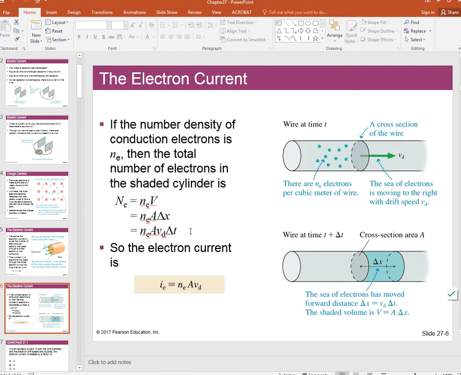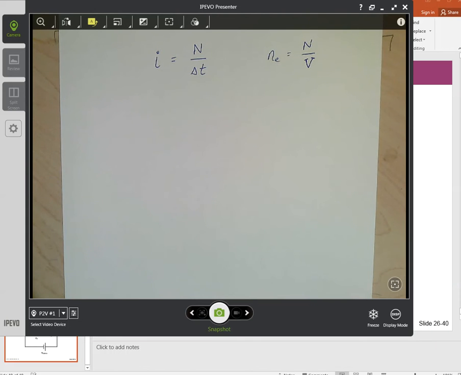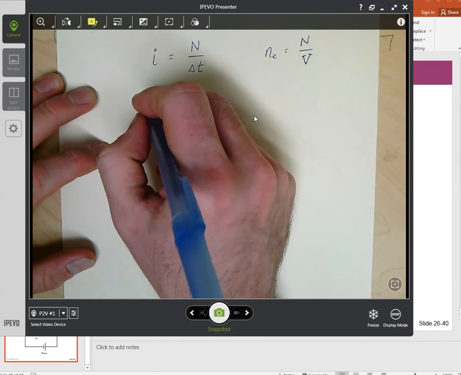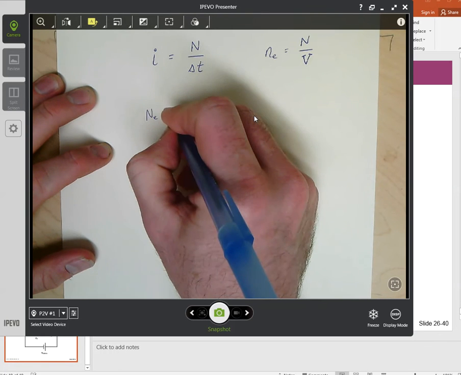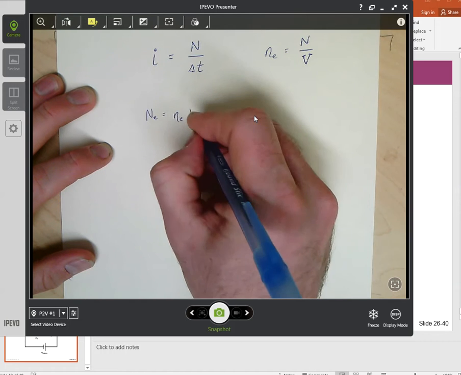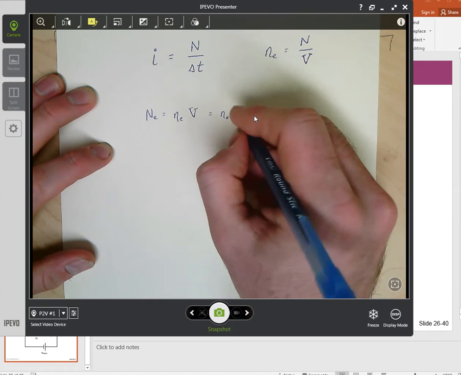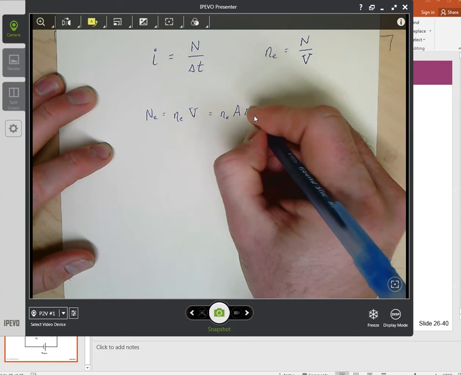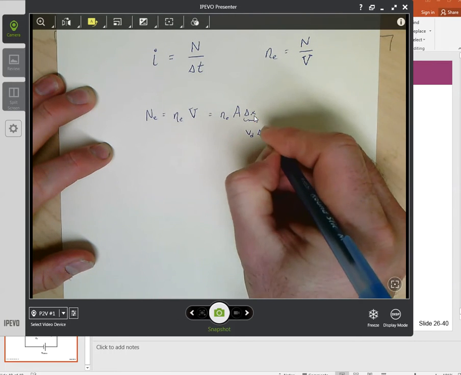So maybe it looks like it's getting a little bit complicated pretty quick, but let's see if we can make some sense of this here. This means that my number of electrons is equal to the density times the volume, which is equal to the density times the area times delta x, and that delta x is the drift velocity times the time here.